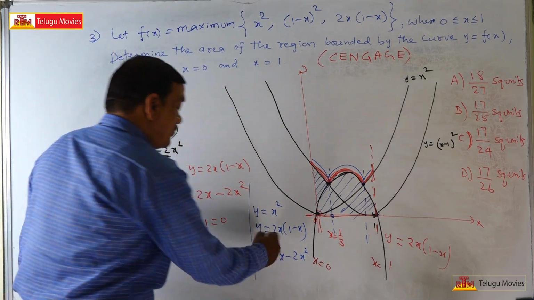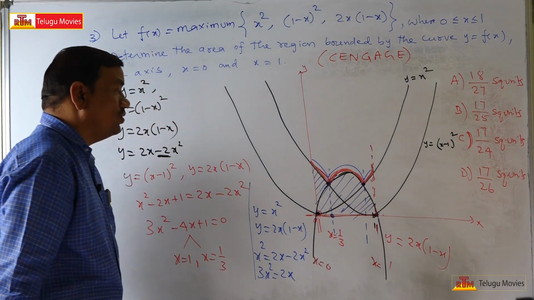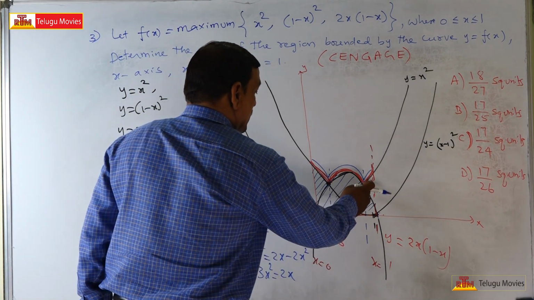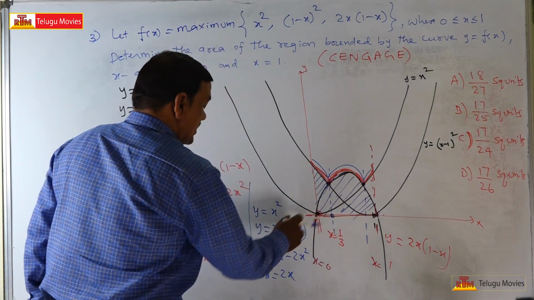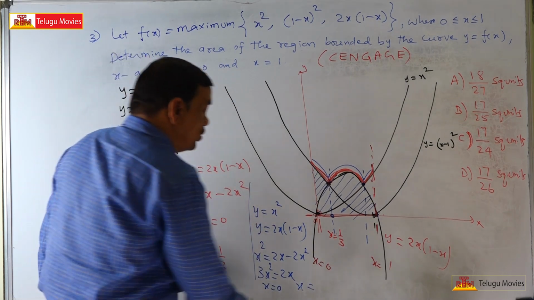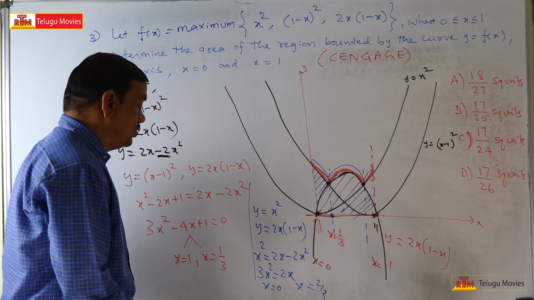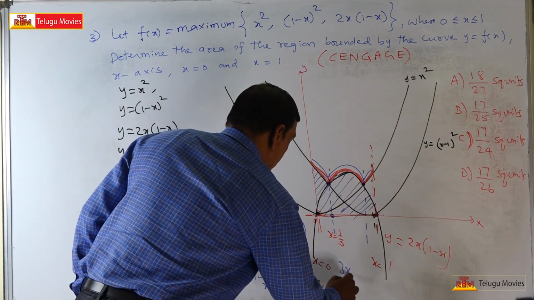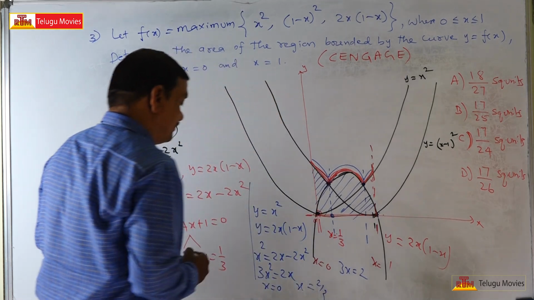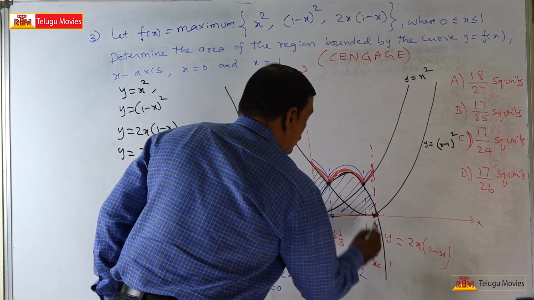Taking all these terms together, 3x square is equal to 2x, so x is equal to 0 is one intersection, and for the other, 3x is equal to 2, so x is equal to 2 by 3.